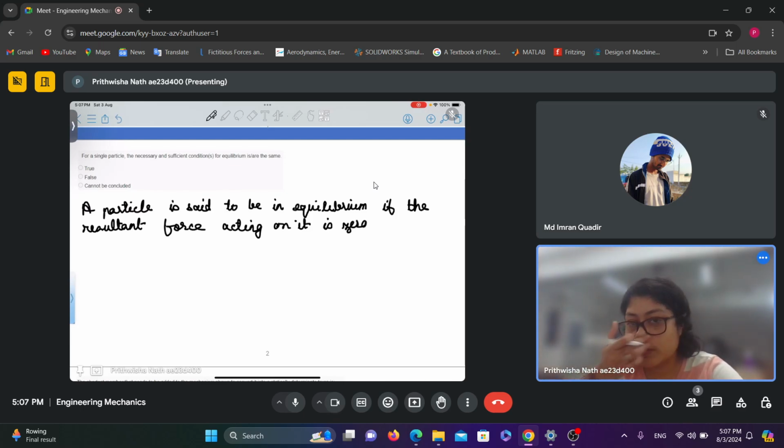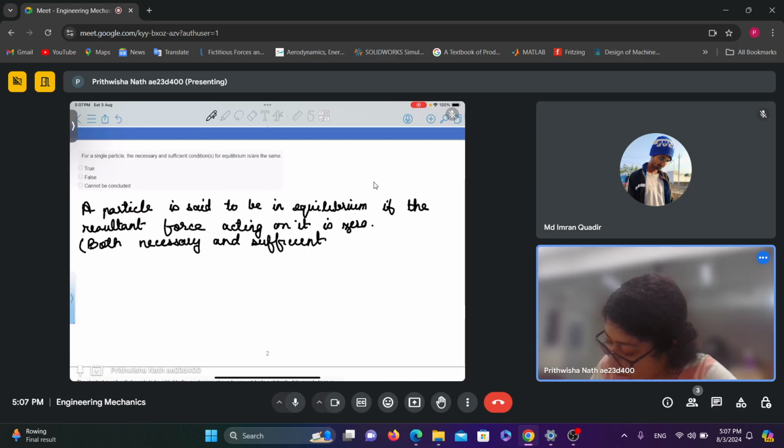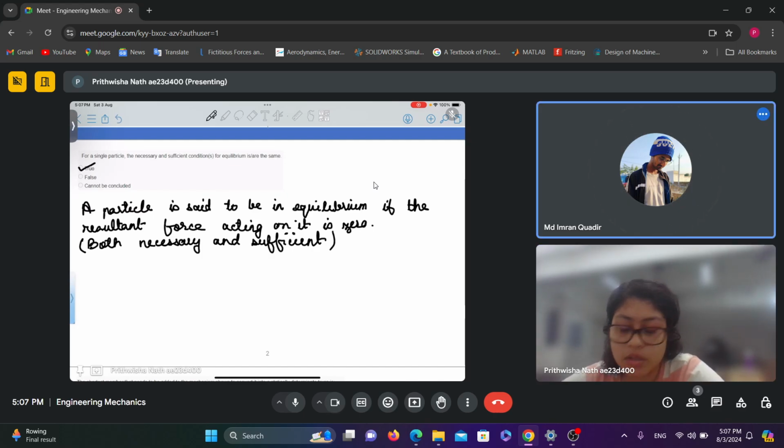So this is both necessary and sufficient condition for a particle. So this statement is true. Did you understand this? Yes, ma'am. Okay.